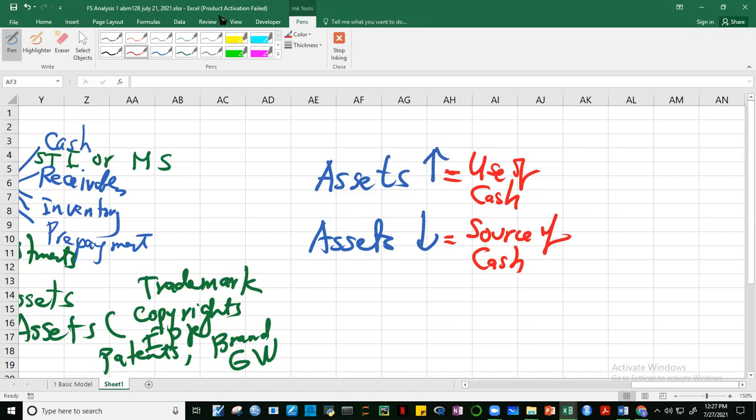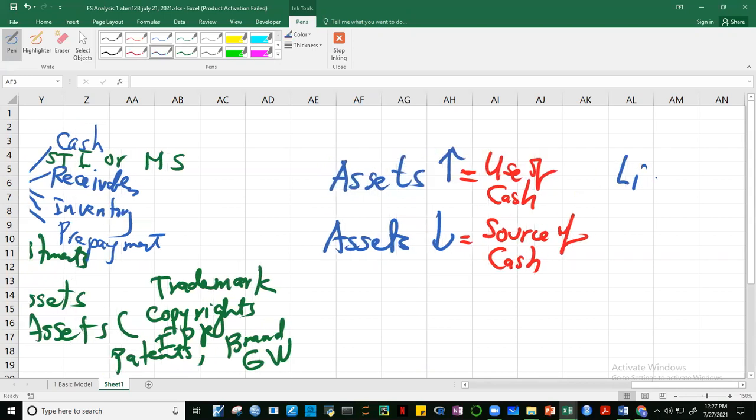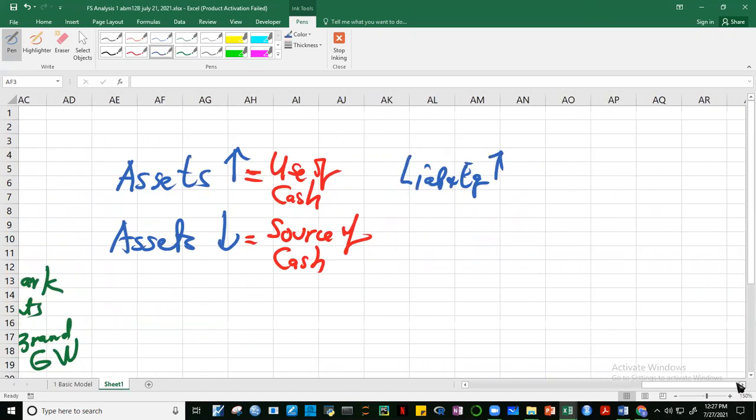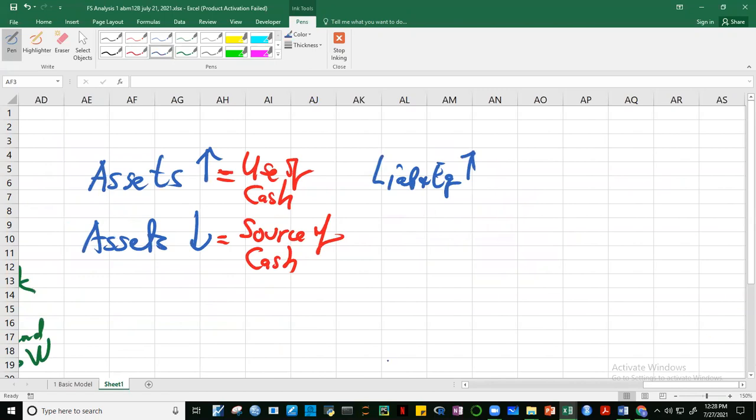Okay, then, guys, if we're now dealing with liabilities and equity, if it increases, then, syempre guys, opposite lang dapat ng assets yan. So an increase in liabilities and equity will be a source of cash.